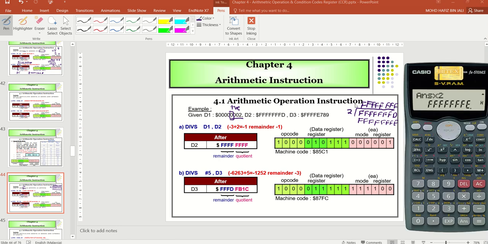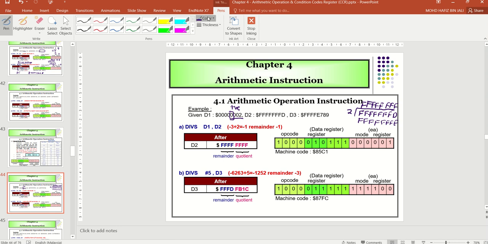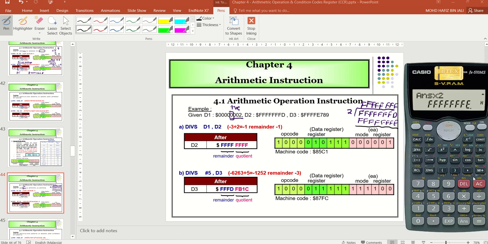Okay, so this one needs to be subtracted. Oh, okay, need to retype.